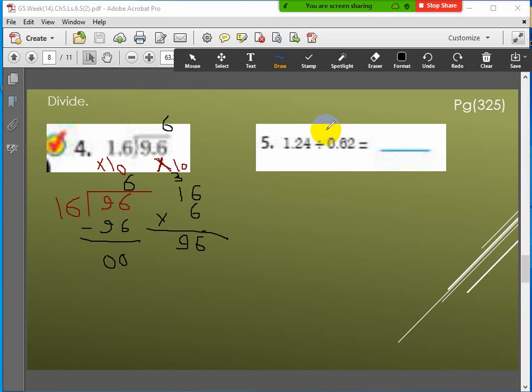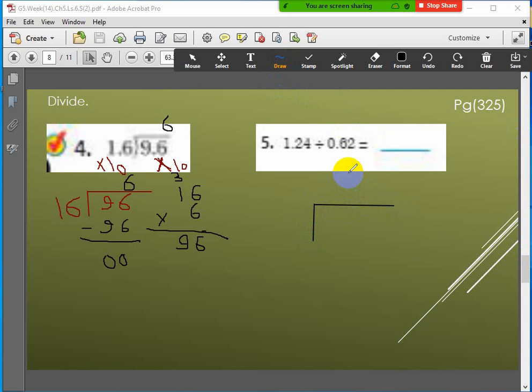1.24 divided by 0.62. The divisor here is a decimal number. So let's choose a girl now to help me divide the numbers. Okay, yes, who will answer? Yes, Ghuzlan. Open the mic and tell me.